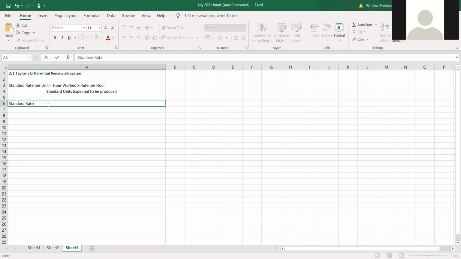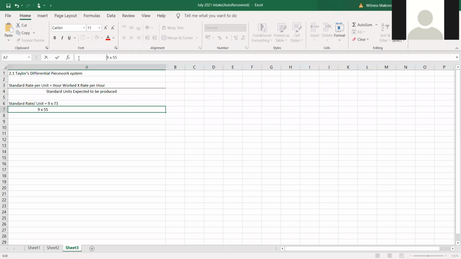Standard rate per unit is equal to, let's look at the numerator, hours worked. How many hours are being worked per day? It's 9 hours. Then the rate per hour is 73. Then we have to divide it by standard units expected to be produced. If the day has 9 hours, and we are producing 55 units per hour, it therefore means the standard units to be produced per day is 55 times 9.